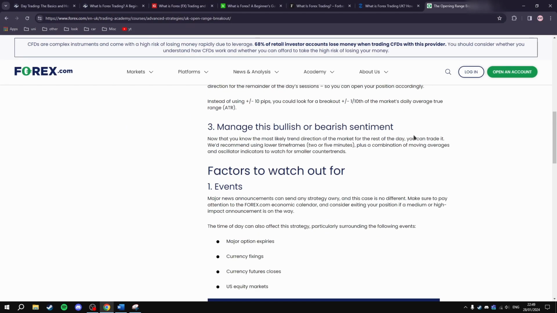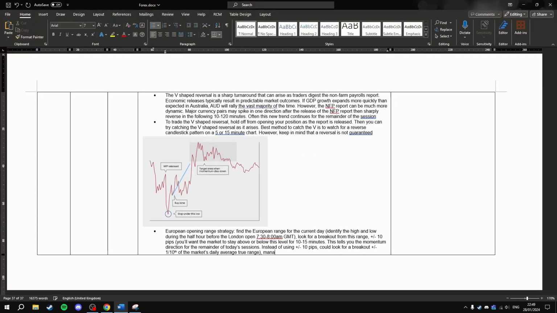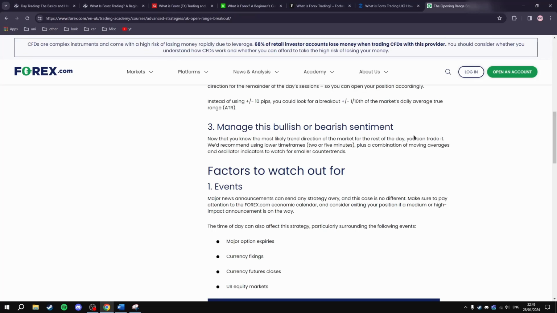Managing this bullish or bearish sentiment. Now that you know the most likely trend direction of the market for the rest of the day, you can trade it.